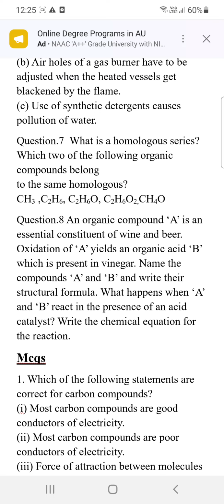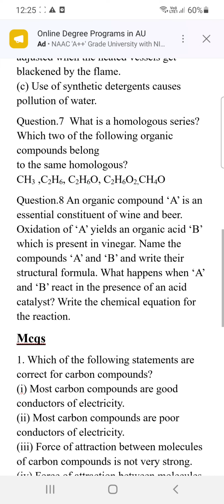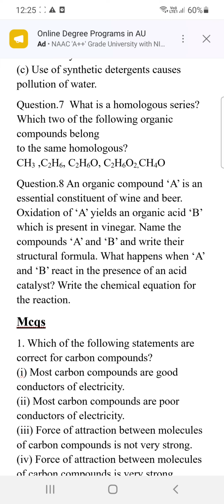It is a series where each compound differs from the previous one by a CH2 unit. Again, the exact definition you can refer to from your respective book. Now they are asking which of the following belongs to the same homologous series. There you find the difference of CH2, if it is there. If I see this one here, there is no difference of a CH2 unit.